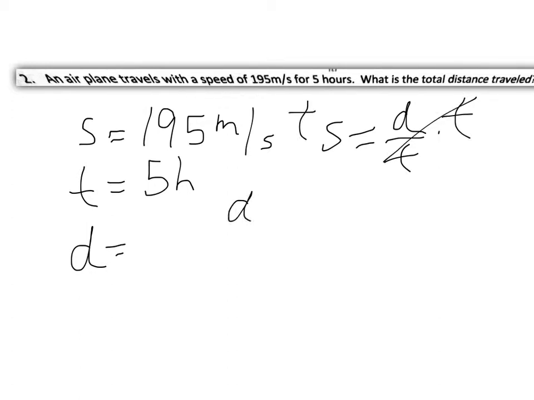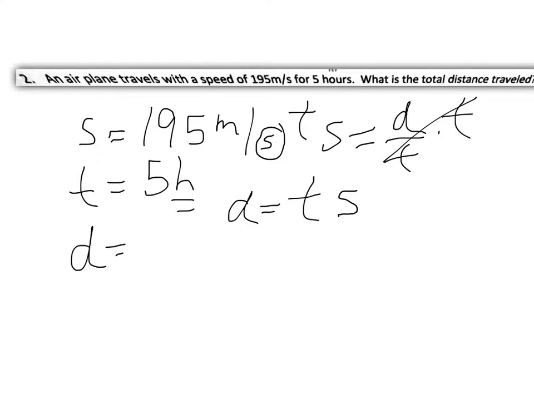So distance equals the time multiplied by the speed. But we have a problem here because our time is in hours and our speed is in meters per second.